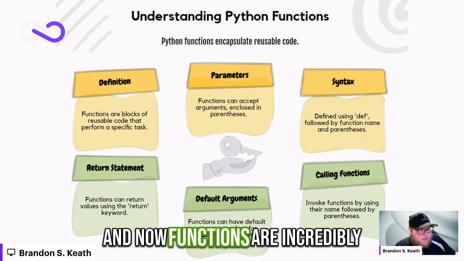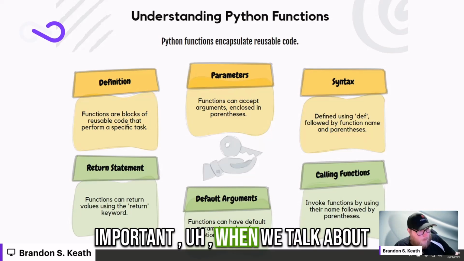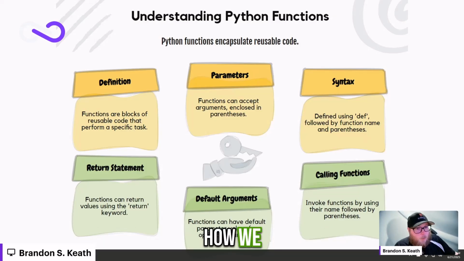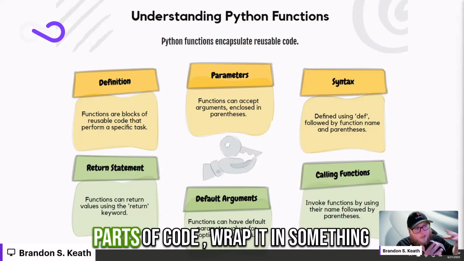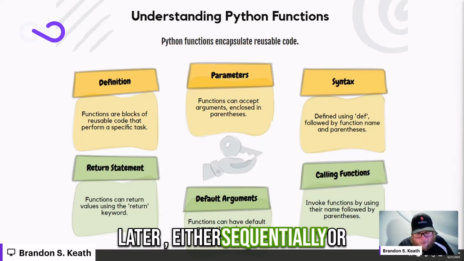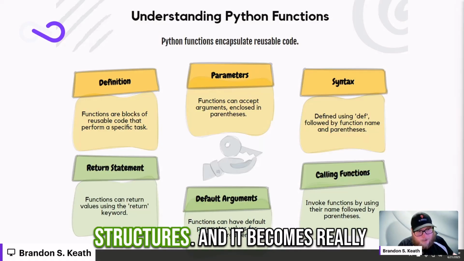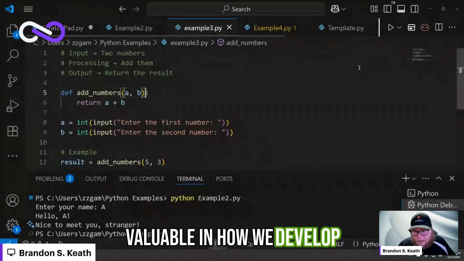And now functions are incredibly important when we talk about how we can simplify and modify our code. Functions allow us to take certain parts of code, wrap it in something that we can then call upon later, either sequentially or through any of our other control structures. And it becomes really valuable in how we develop applications.